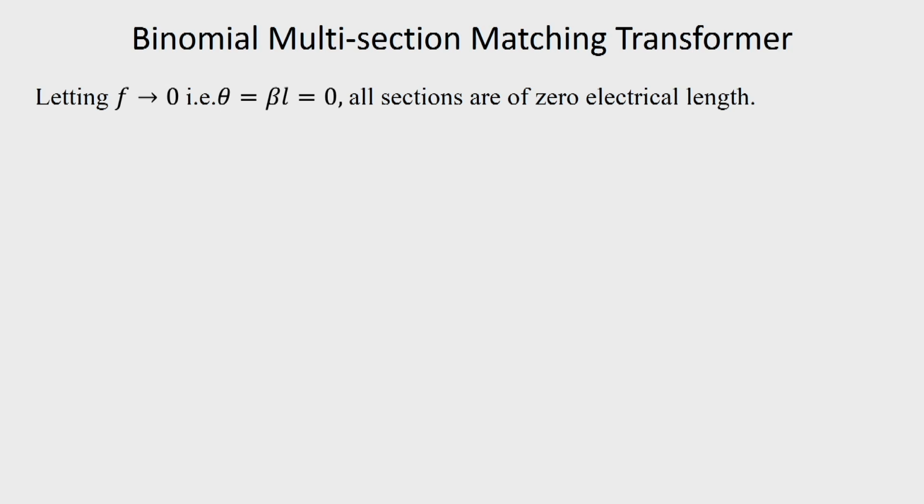Now, if you consider f equal to 0, then theta becomes 0 and all sections have 0 electrical length. What does it mean?